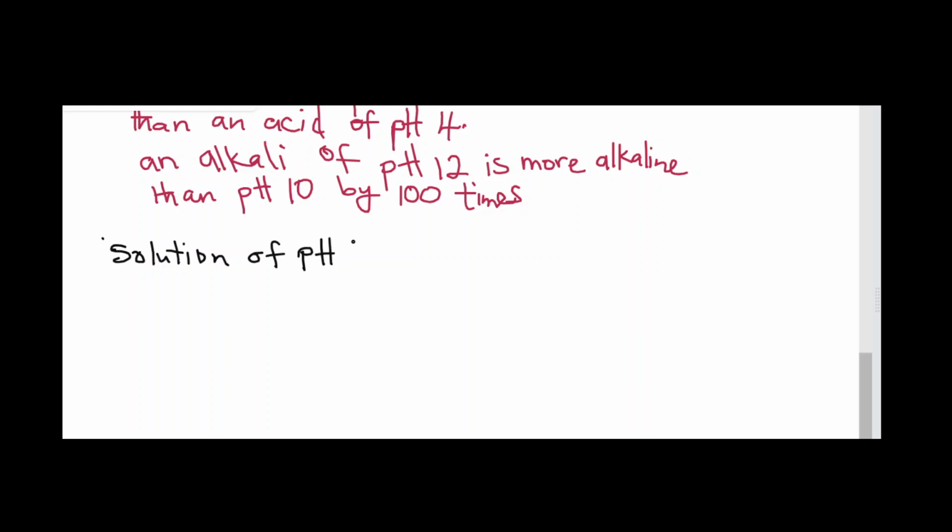Or let's even say pH 4, then we'll say it's acidic. Okay? If we're told that we have a cleaning solution, a cleaning product, so a solution of pH 8, that is alkaline.